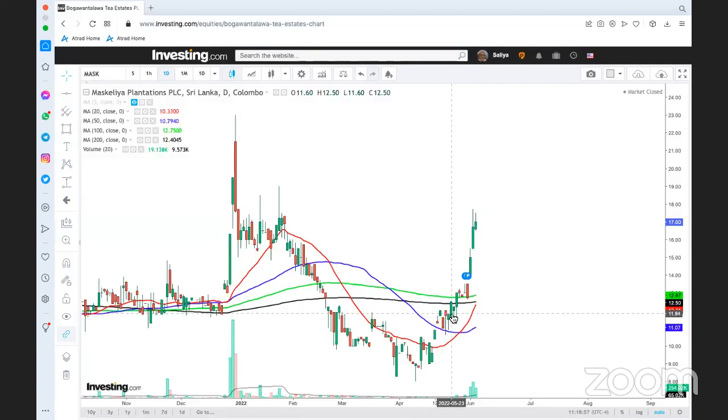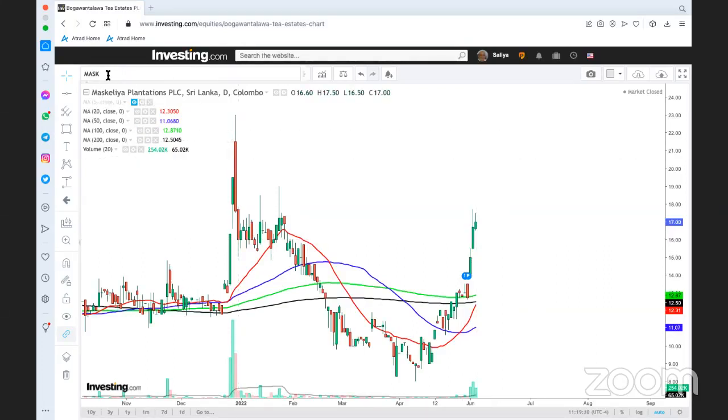It tested that area and broke out. Here also the same story: a few days, then it broke up with a gap and went up. So another counter that we will be looking at will be Muscalia Plantation.